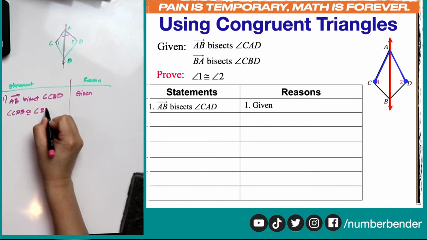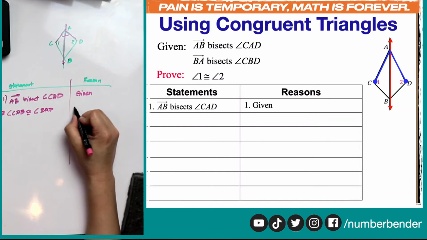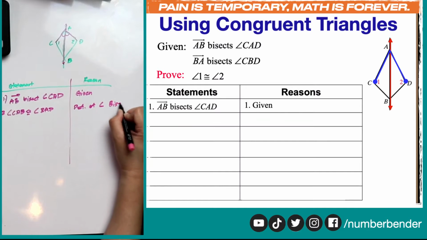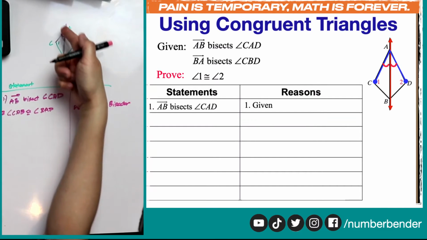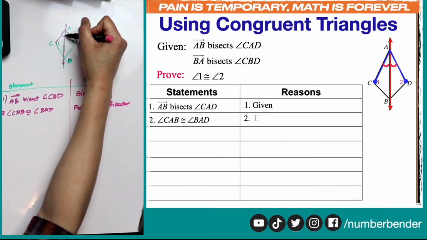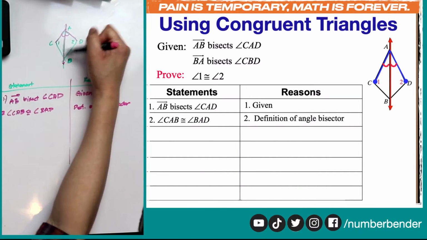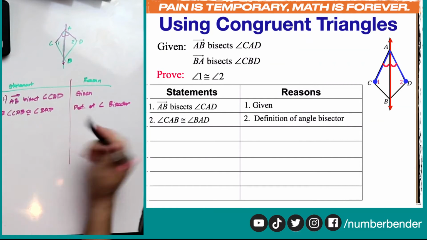And this is our second statement, and we know that because of the definition of angle bisector. We named it CAB because we have a vertex of A right here with our angle that we have shown.